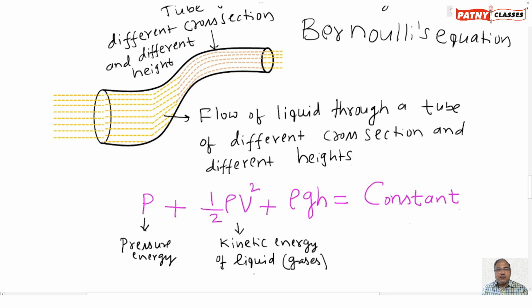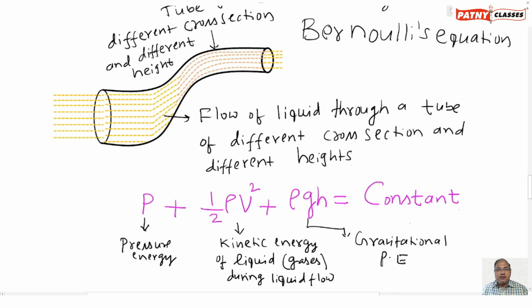Here we have considered liquid. So kinetic energy of liquid during liquid flow per unit volume and addition of gravitational potential energy is equal to a constant.